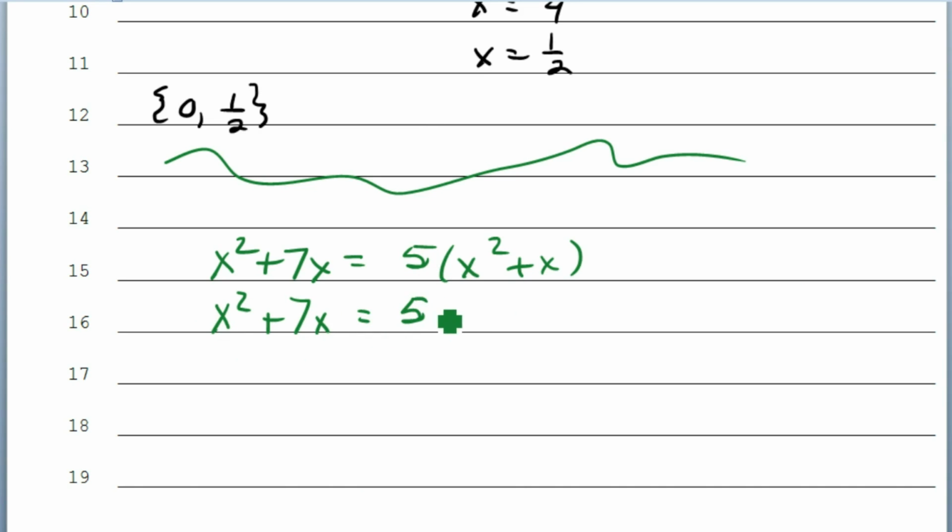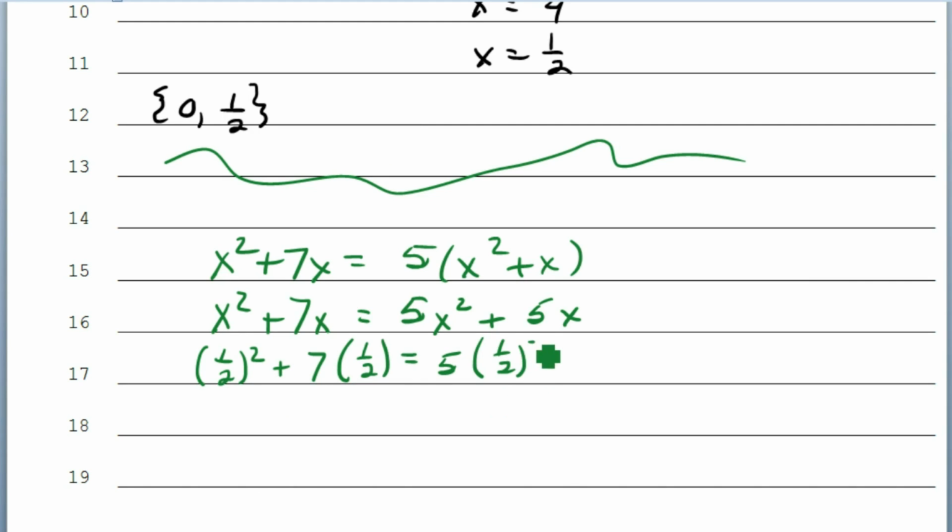Equals 5x squared plus 5x. And just substitute 1/2 for every x. So we have 1/2 squared plus 7 times 1/2 equals 5 times 1/2 squared plus 5 times 1/2. And do all the squares and multiplying that you can.